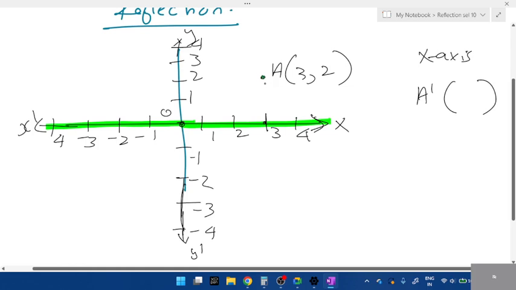In which quadrant? Fourth quadrant, right? In the fourth quadrant, what is the sign? Plus and minus. So the sign will be plus and minus. The number will be the same. What's the answer? 3. That's the answer. Plus 3 comma minus 2.